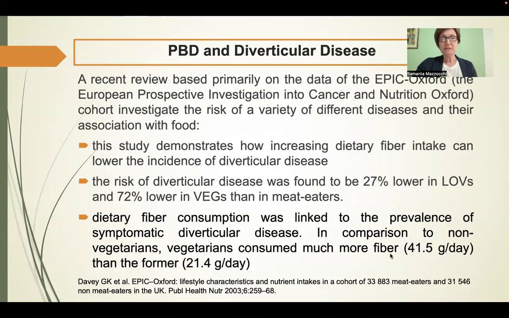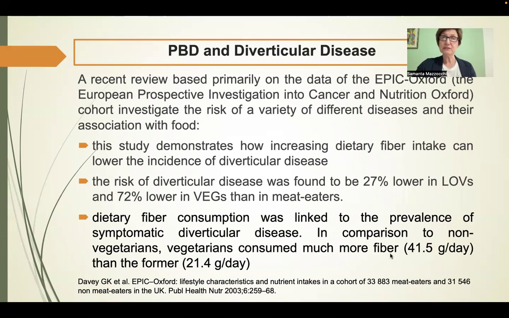Let's talk about diverticular disease. A recent review based primarily on the data of the EPIC Oxford cohort investigated the risk of a variety of different diseases and their association with food. This study demonstrates how increasing dietary fiber intake can lower the incidence of diverticular disease.